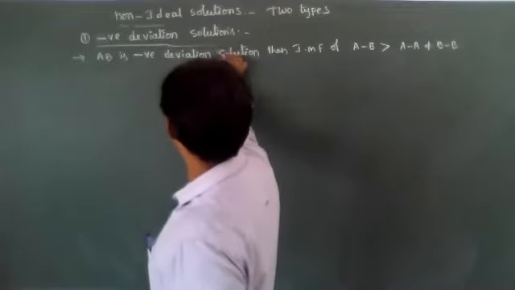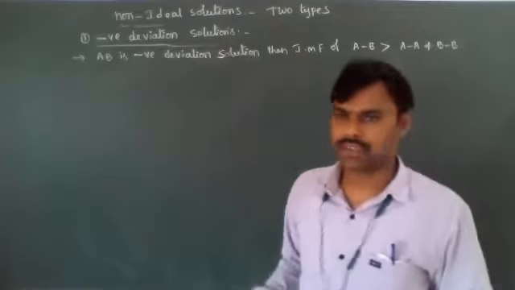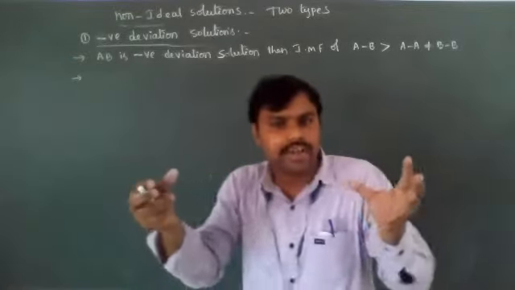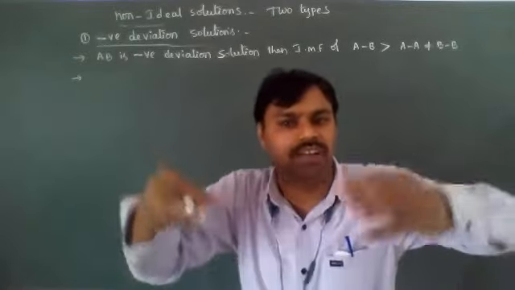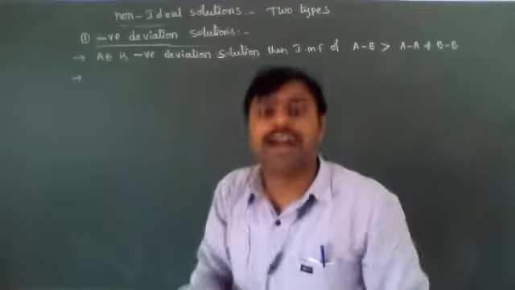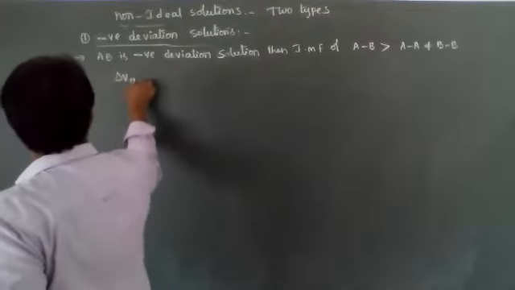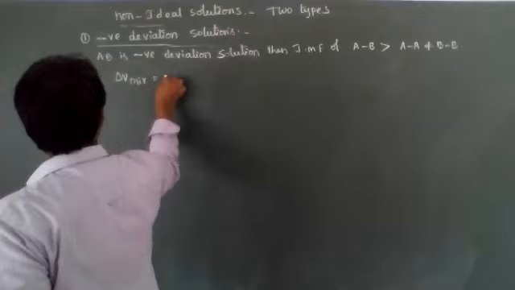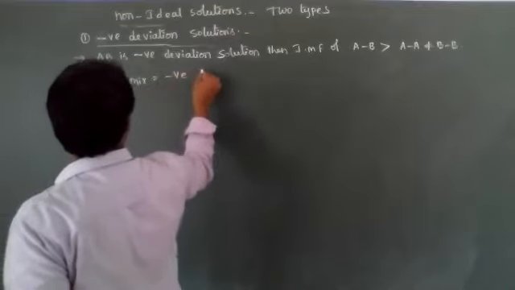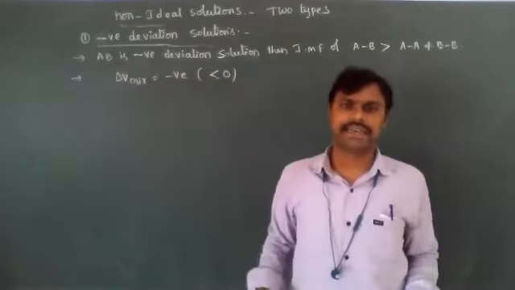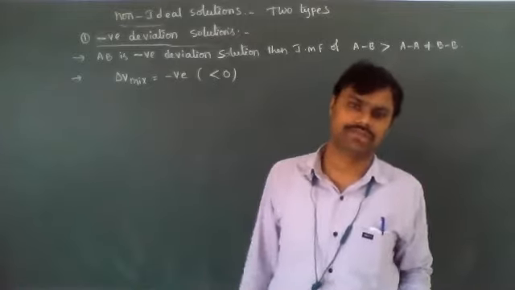Okay, students. In negative deviation solutions, because the intermolecular forces between solute and solvent are more, the resultant volume decreases. That means delta V mixture is negative, less than 0.